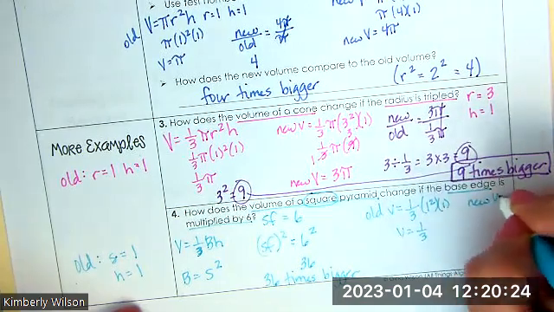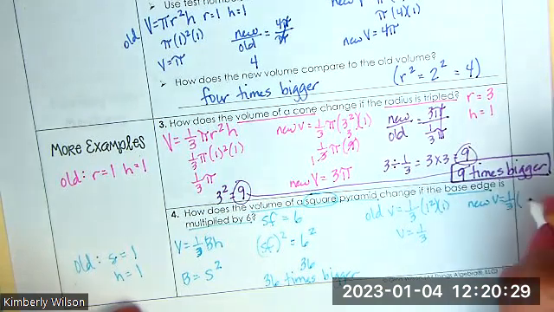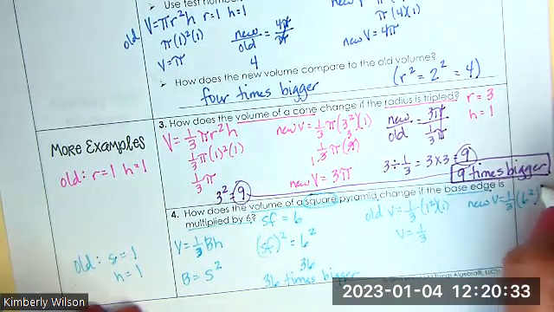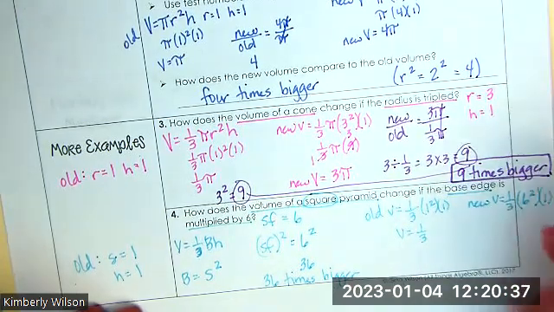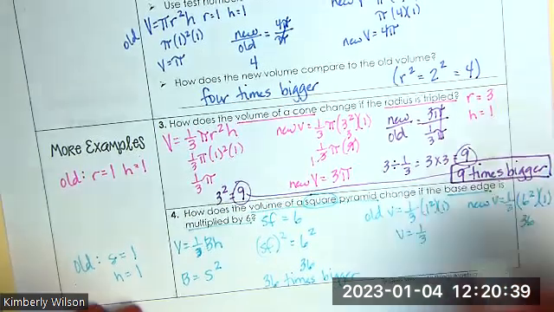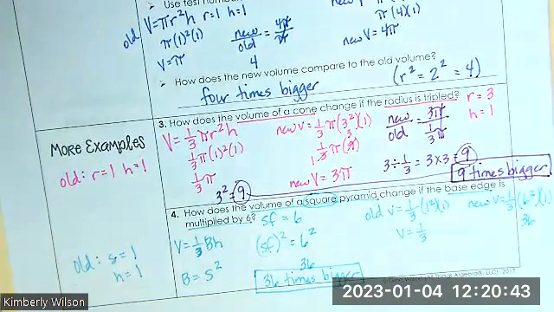The new volume is going to be 1/3 times 6 squared times 1. The only thing that's changing is this 6 squared, which is 36. So therefore, that further confirms that this is just 36 times bigger. Next.